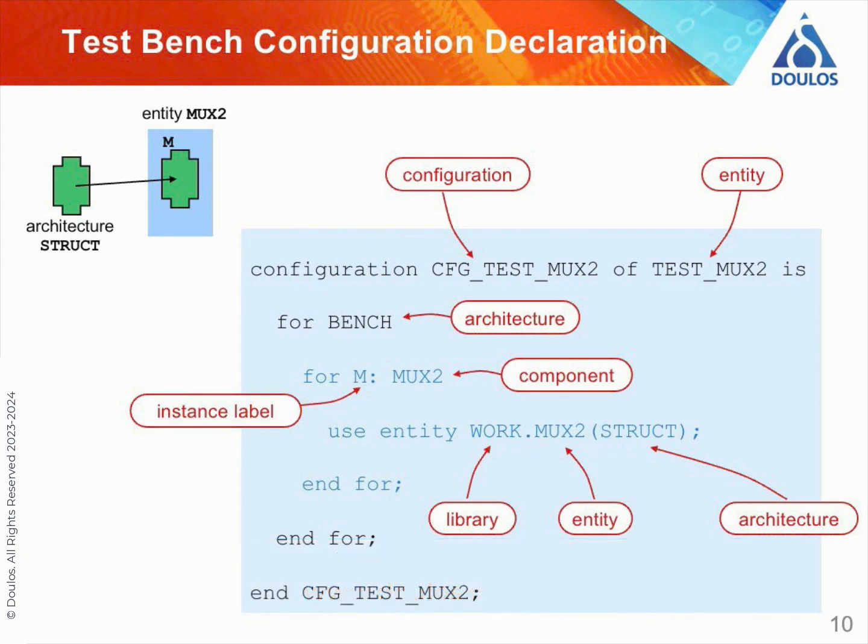And we're going to say, for that instance, use the entity mux2, which is found in the current working library, in other words, the same library as test mux2, and use the architecture struct of the mux2 entity. What we're doing here is plugging an entity into the component hole in the test bench.